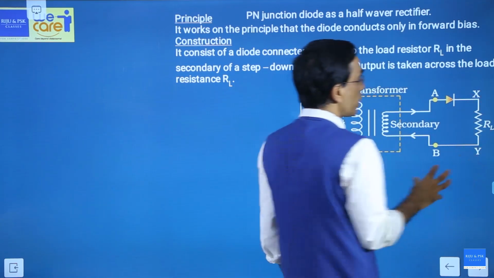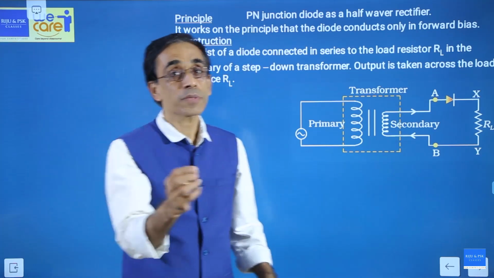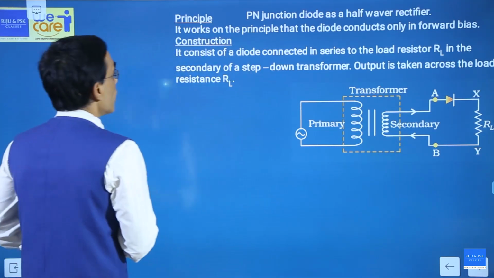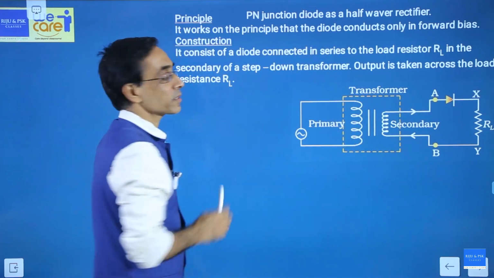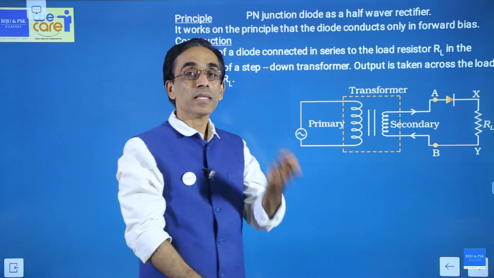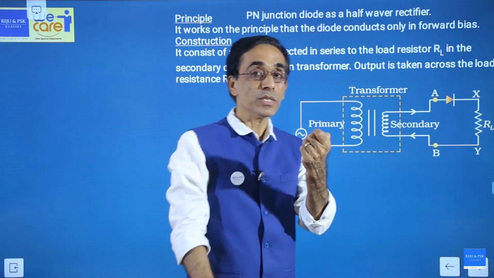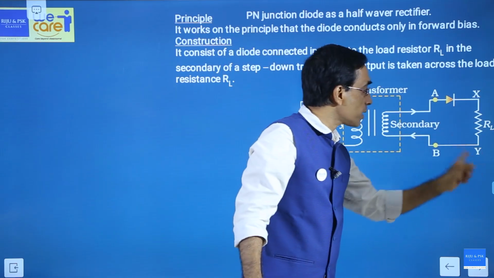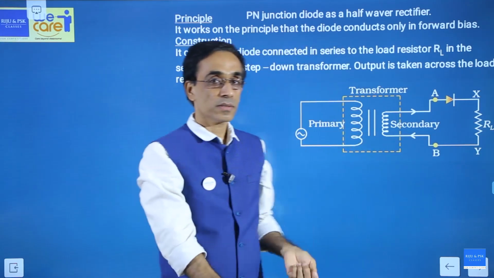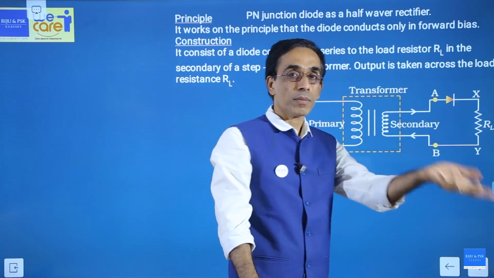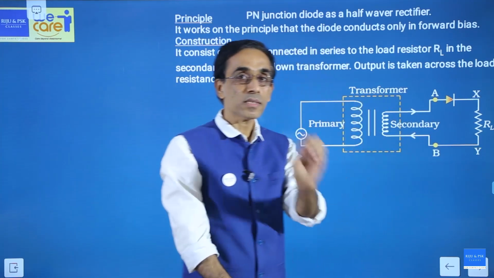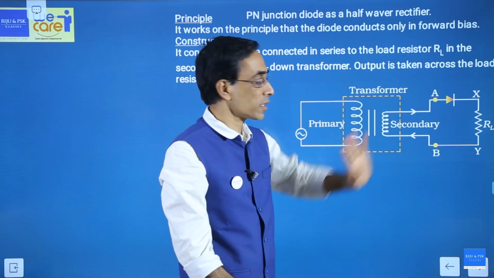And this RL, what is RL? RL, L stands for load. The load resistance. Load resistance represents any device that you connect. Like if it is your mobile phone you are connecting, then this RL will represent that device. Suppose you are using a bulb here, then RL stands for that bulb. RL is the resistance that is connected to the circuit.